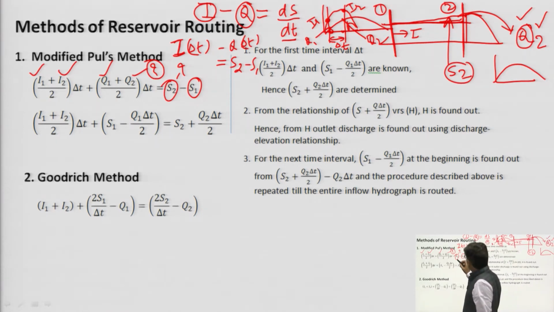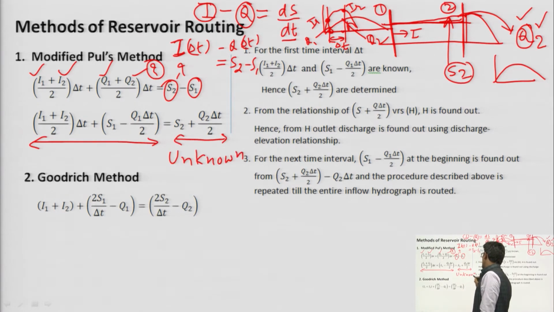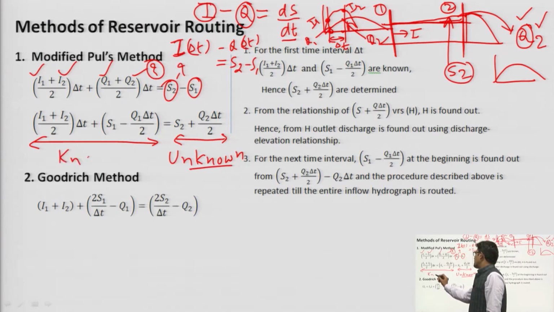So, by writing the known terms on the left hand side, we get this expression, and on the right hand side S2 plus Q2 into delta t by 2 is unknown. By knowing the left hand side, with the help of that equation, the right hand side part can be calculated.